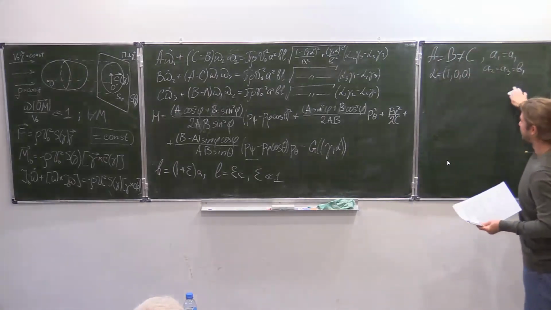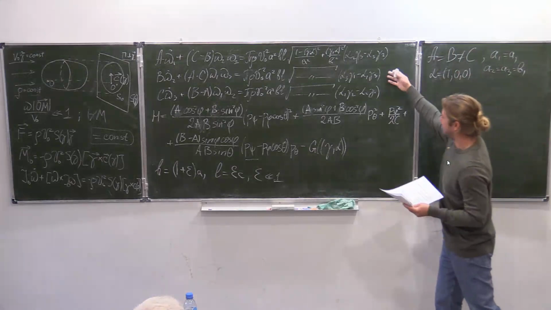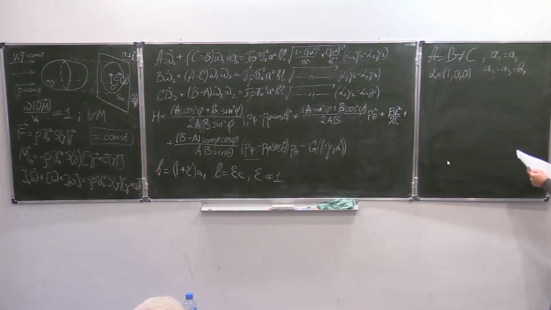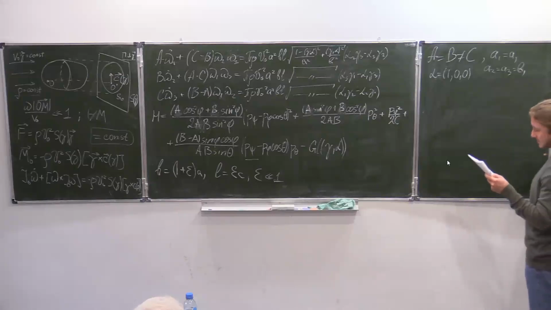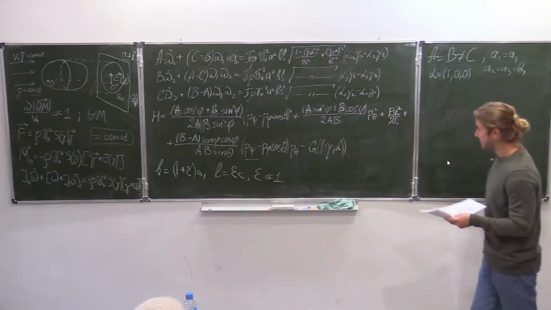Let's substitute these conditions into previous equations. And by using standard Euler angles, we can write down the motion equations in the form of Hamilton equations.